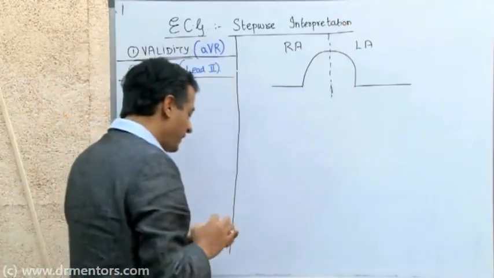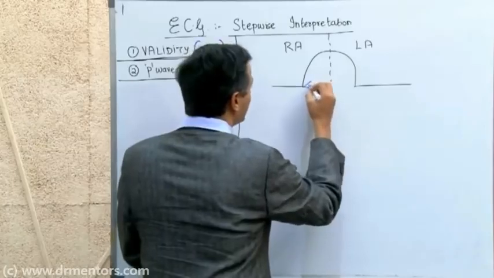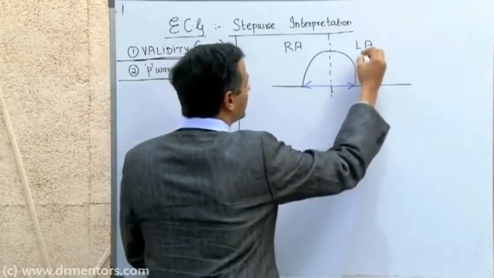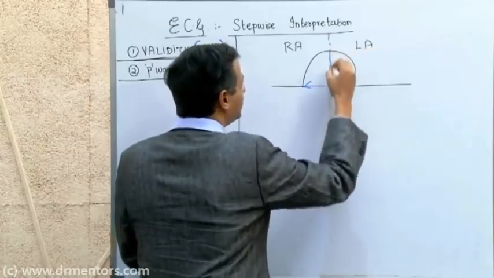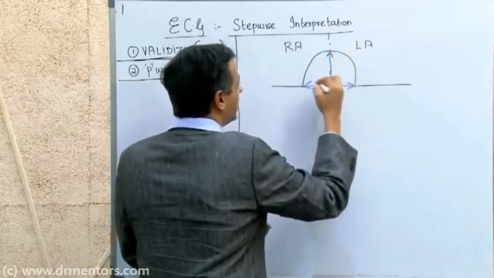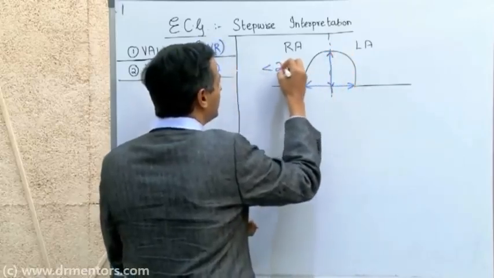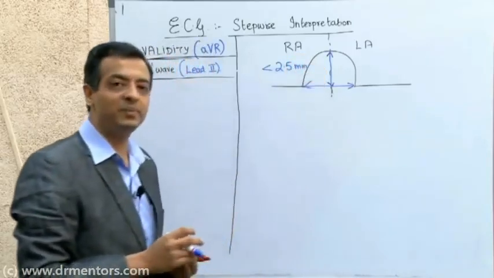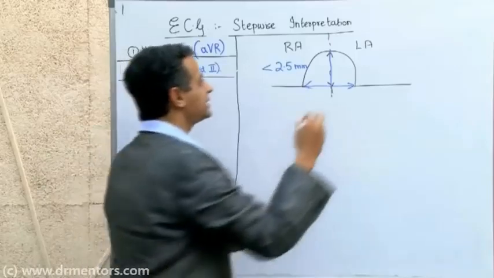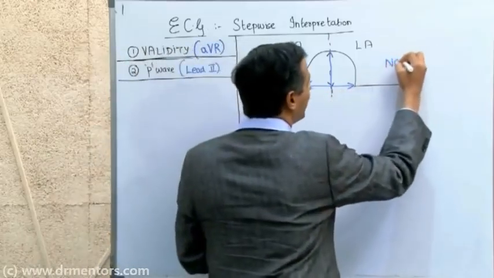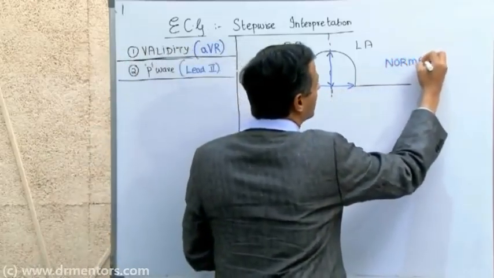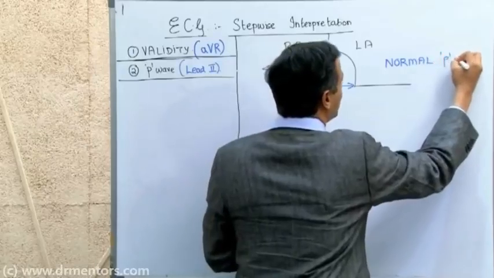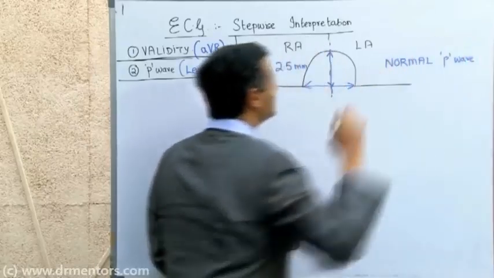Normally, the P wave must be less than 2.5 millimeter in both the length and the breadth of the wave. This is what a normal P wave is. This is how it is seen.